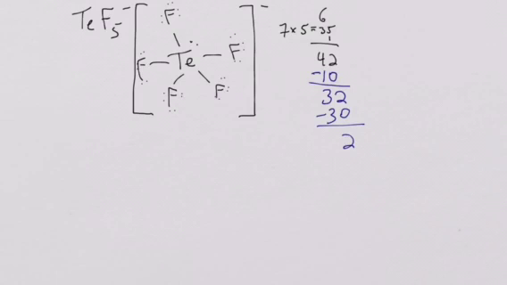So to indicate formal charge on what my atoms are, and it's always a good idea to do formal charge even if the question doesn't ask you to, what I do is I ask myself, how many valence electrons does each atom bring in with it, and how many electrons does it have right now? And so the first of those 2 questions we've already answered. So with tellurium, we know that it came in with 6 electrons. That's the valence for tellurium.